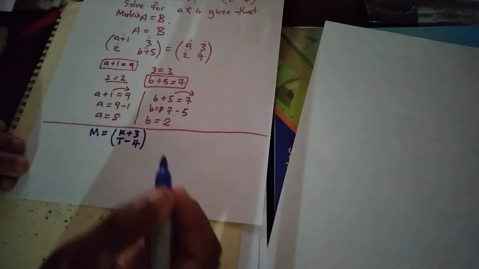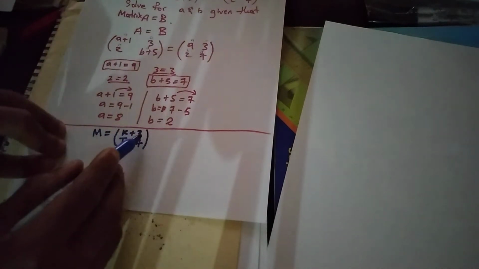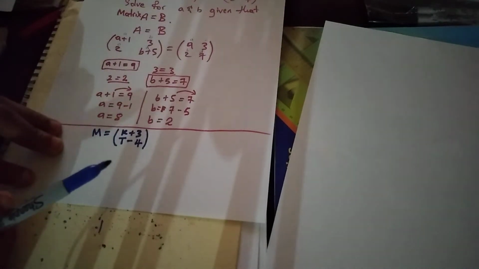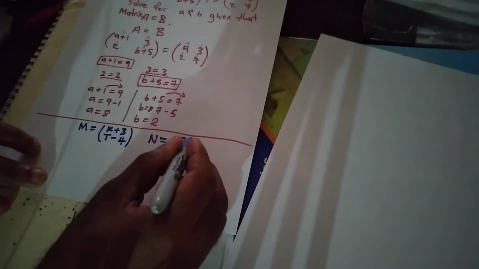So that is matrix M. Looking at matrix M, it's not a 2 by 2 matrix, it's a 2 by 1 matrix. So K plus 3 is one term, and T minus 4 is another term. All right, so we have another matrix N, which is equal to, let's say, 5 and 3.